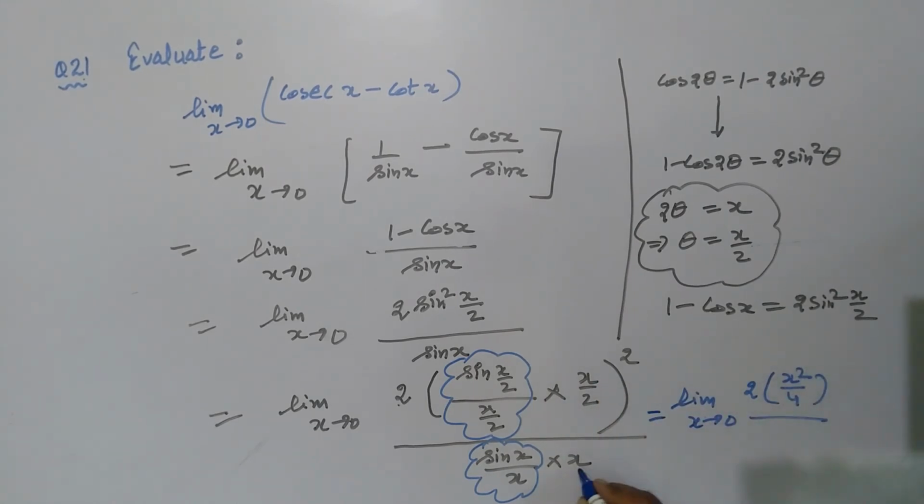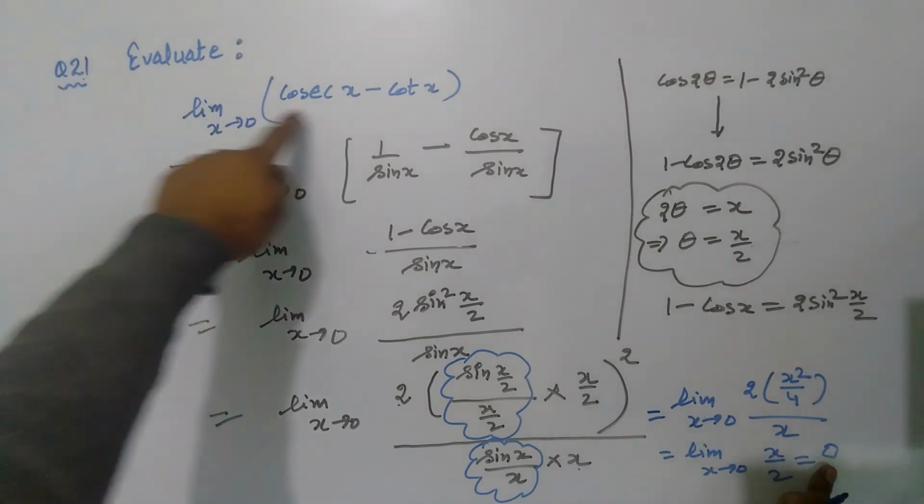In the denominator only single x is left, right? So again we can write limit x approaches to 0, 2, this x is cancelled, so x upon 2 is left. Now we put x equal to 0, what happens, 0 upon 2 which is again equal to 0, so 0 is the limit of this function.